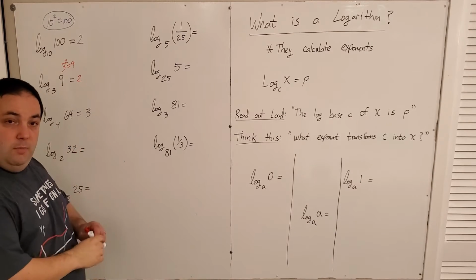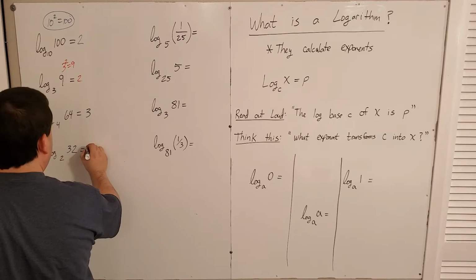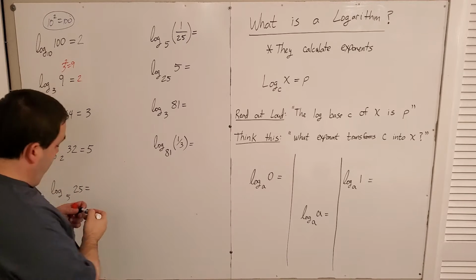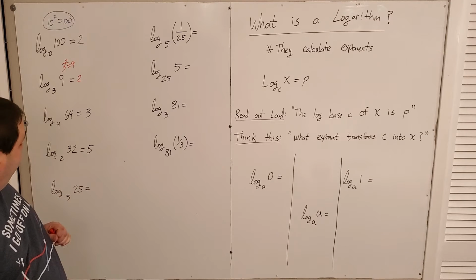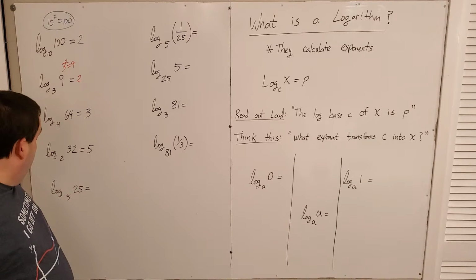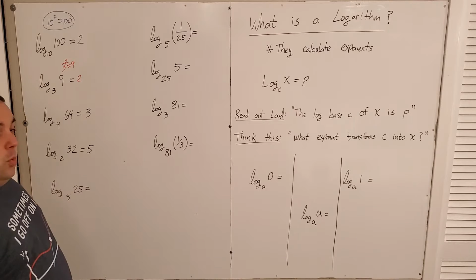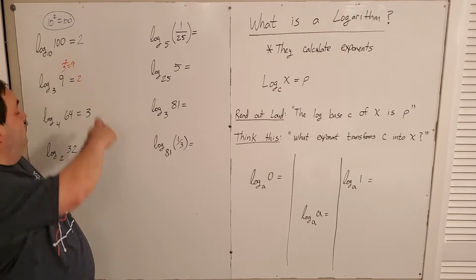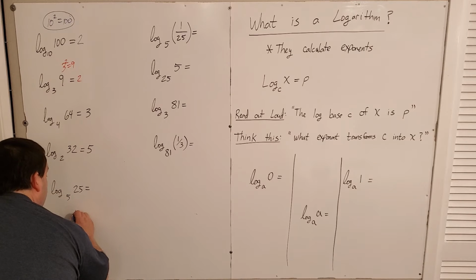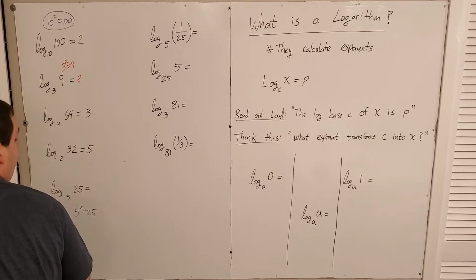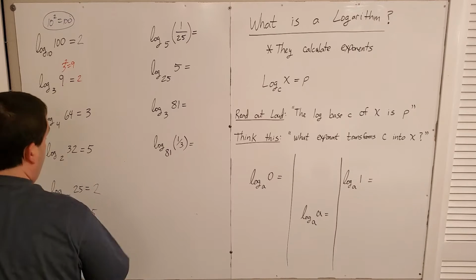Oh, it must be 5, right? 2 to the 5th power is 32. Okay? Log base 5 of 25. Okay? We're back to the easier ones like before, right? 5 squared is 25. So log base 5 of 25 would need to be 2.